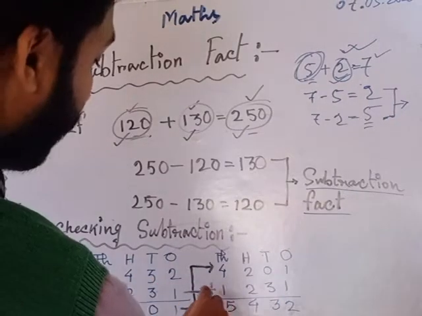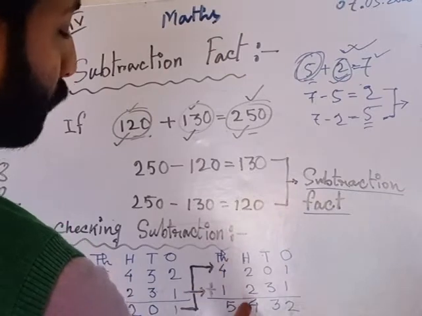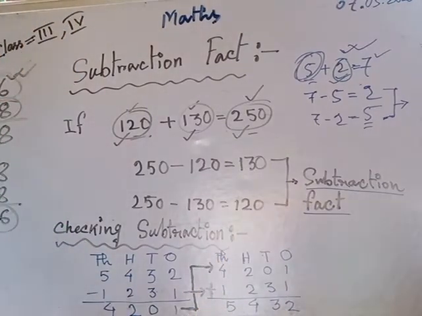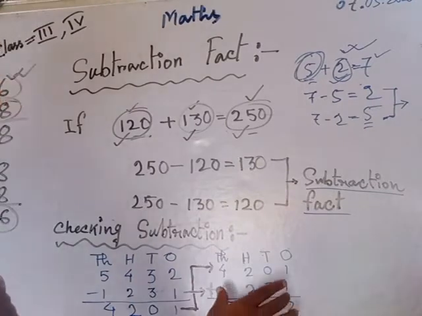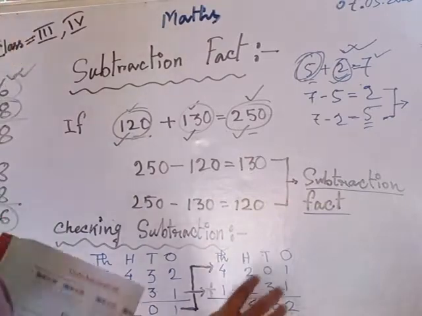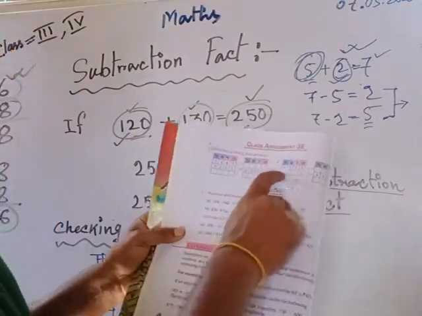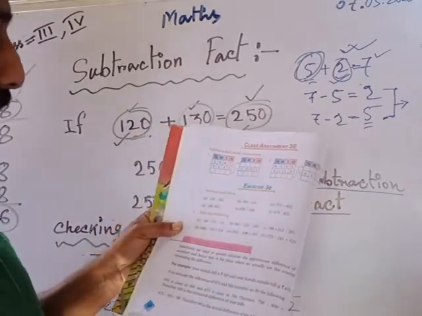You should add it with the result of subtraction. If you get these numbers, that means your answer is correct. So these are the ways. You should do it by yourself.